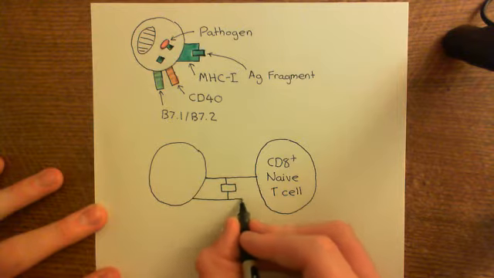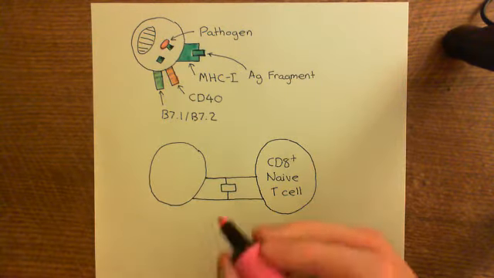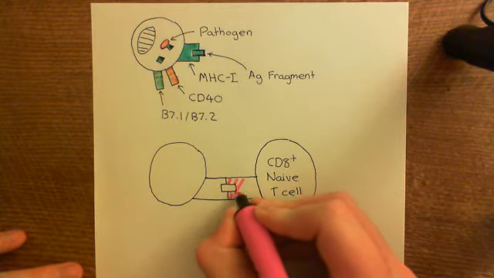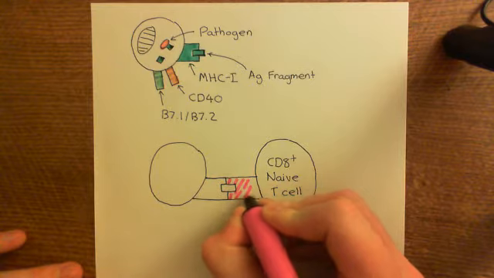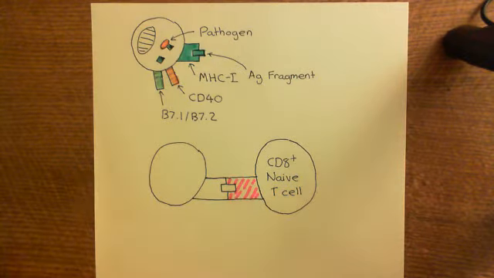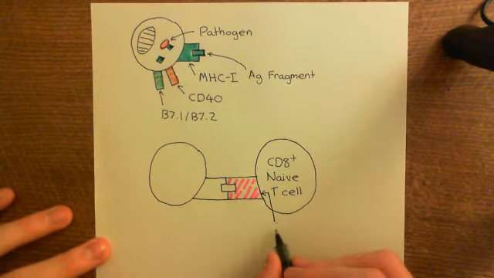So our antigen presenting cell had to search and search and search for a CD8 positive naive T cell which had this perfect T cell receptor for the antigen fragment that the MHC class 1 has bound to it. Okay, so this here, this is our T cell receptor.